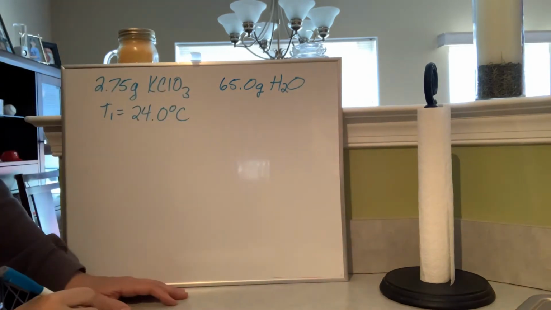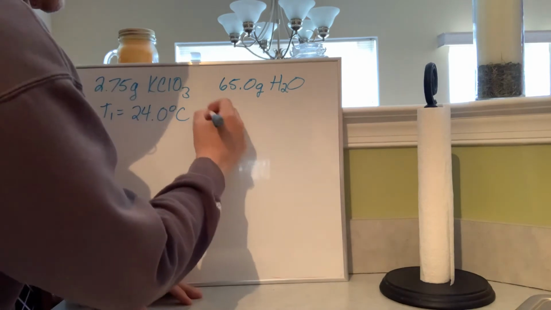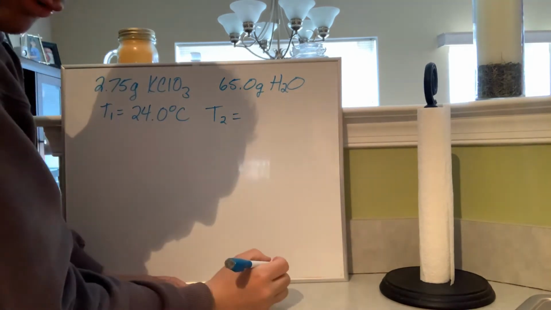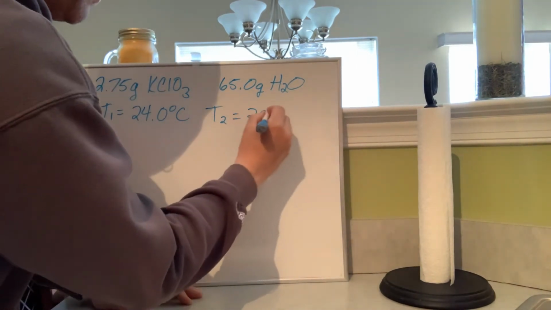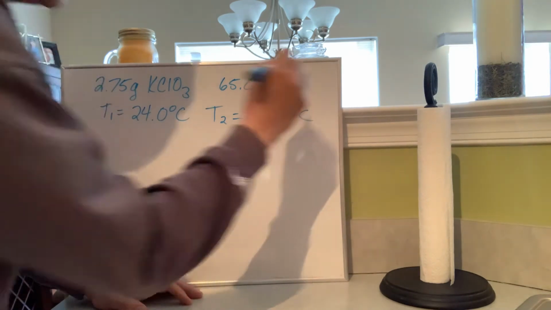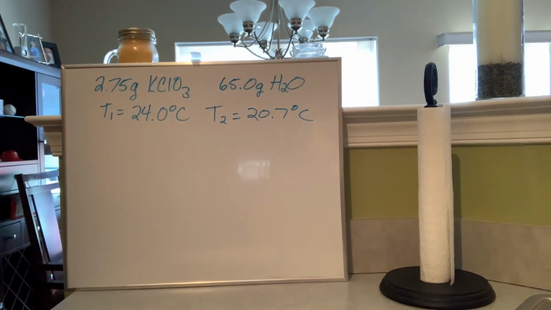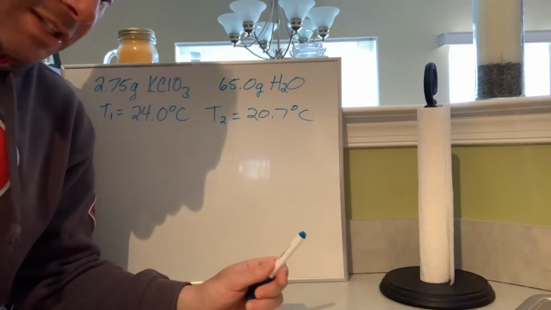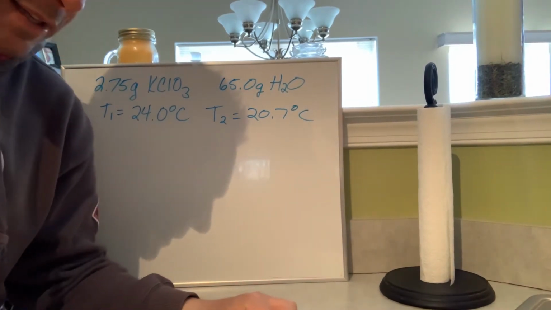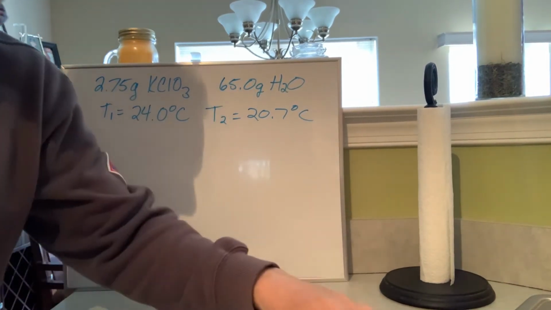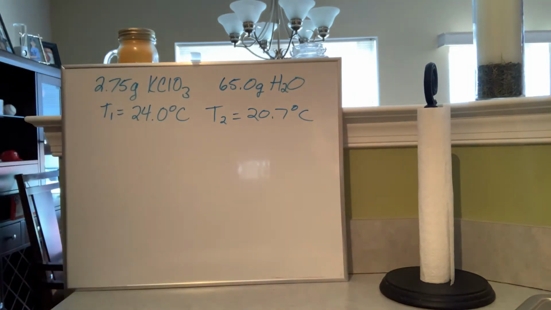There's our T1, and the T2 is dropping to 20.7 degrees Celsius. All right, well, we need to figure out what is the enthalpy of this process in kilojoules per mole.